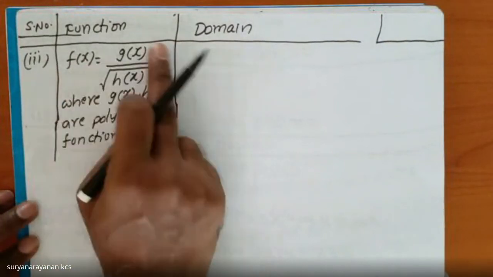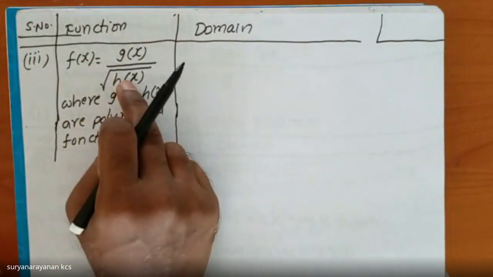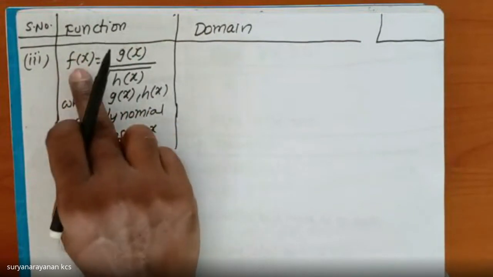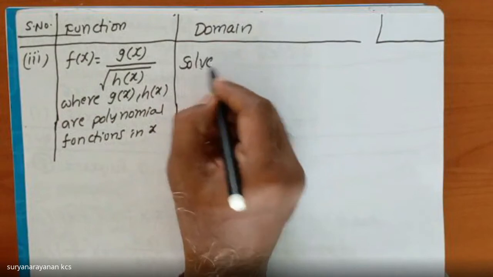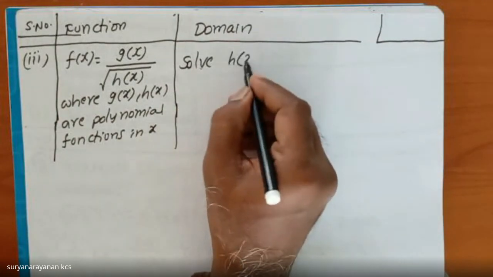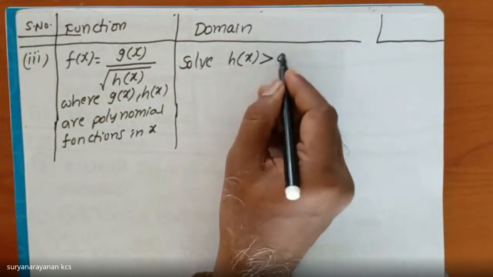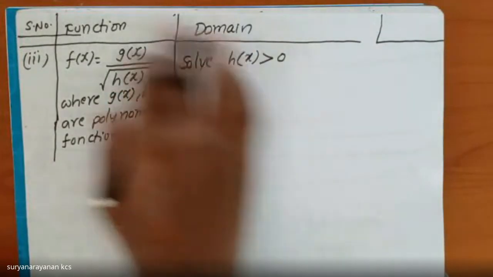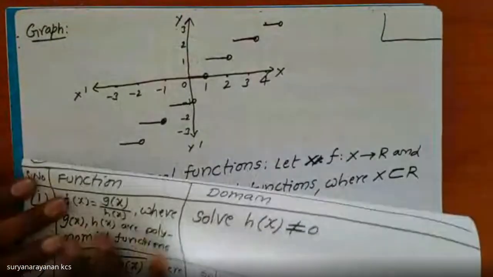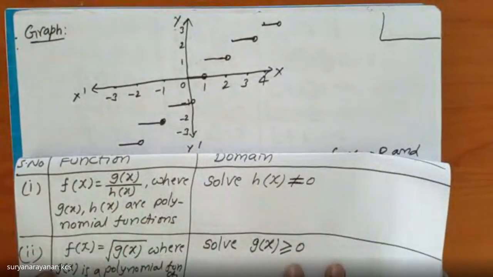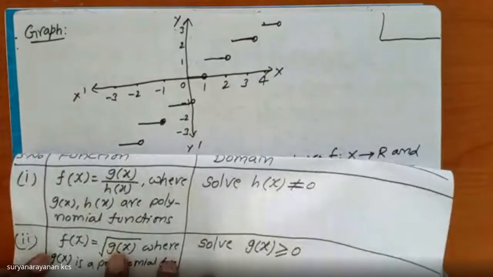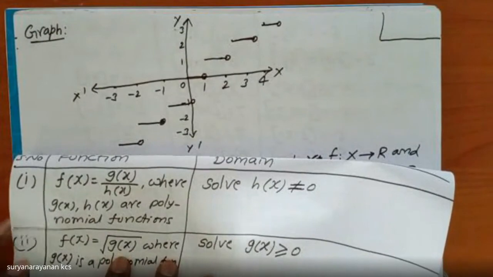If any function is defined like this, and if you want to find domain of this function f, you have to solve h of x greater than 0, not greater than or equal to. In the previous case, we have taken greater than or equal to 0, because those in the numerator may be 0 also.